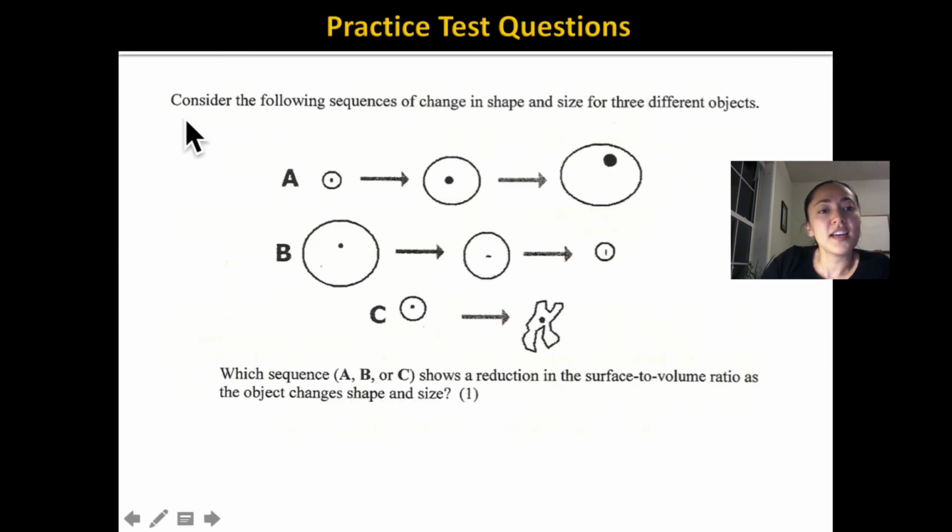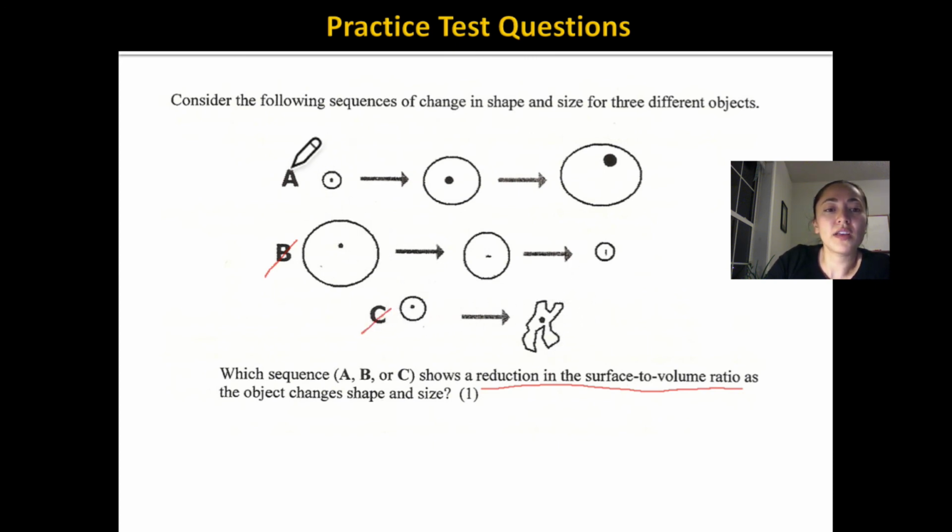The next question says, consider the following sequences of change in shape and size for 3 different objects. Which sequence shows a reduction in surface area to volume ratio? So, which of these would show a reduction? Well, we know that when it gets smaller, it increases the surface area to volume ratio. We know that creating folds would increase the amount of surface area compared to the volume.